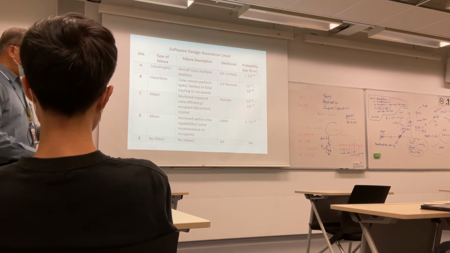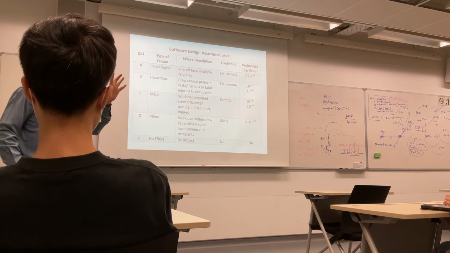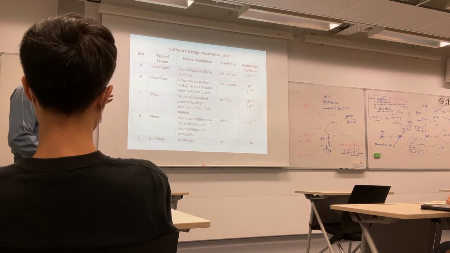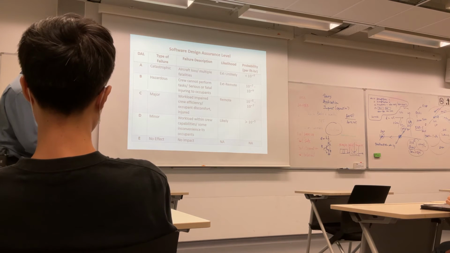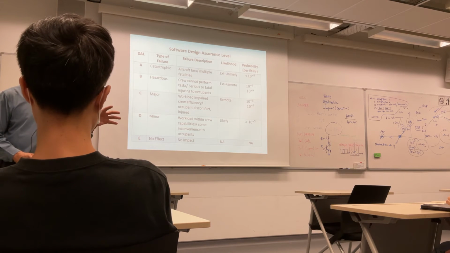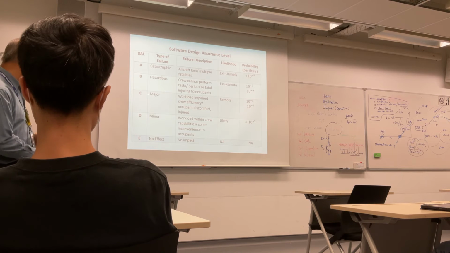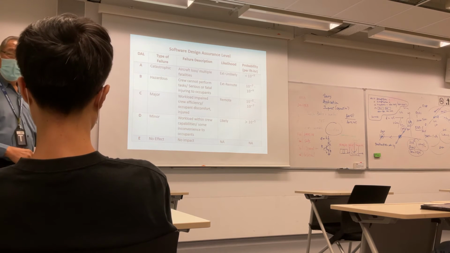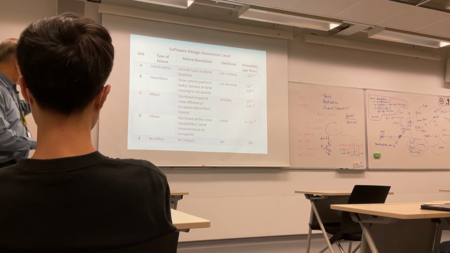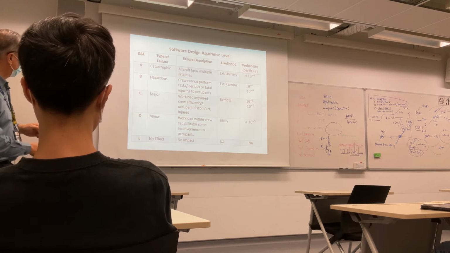Most of the flight control is classified as A. Landing gear and these are normally classified as B. Other systems that have duplicates, like some navigation systems, are normally between B and C. So different systems are classified differently. This is how the software system works.